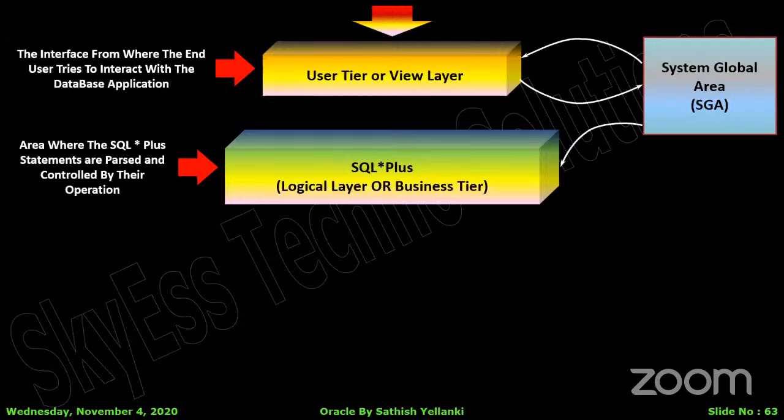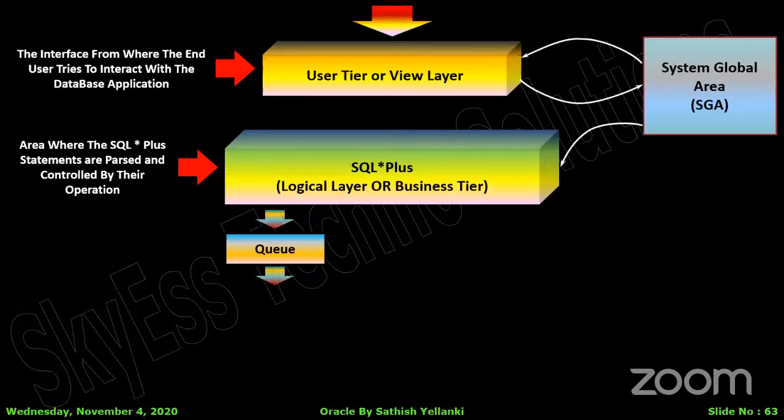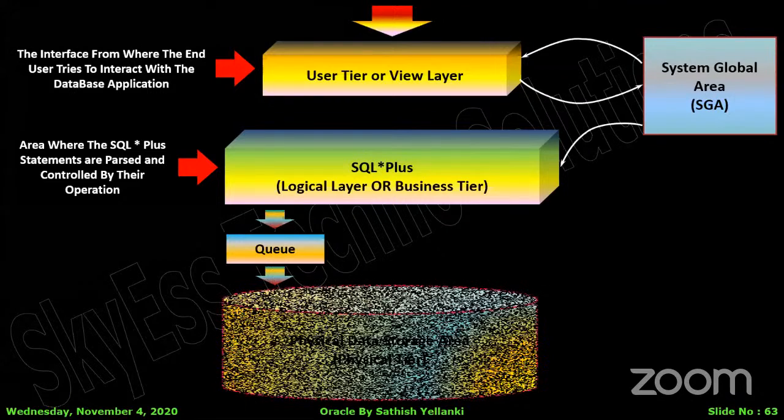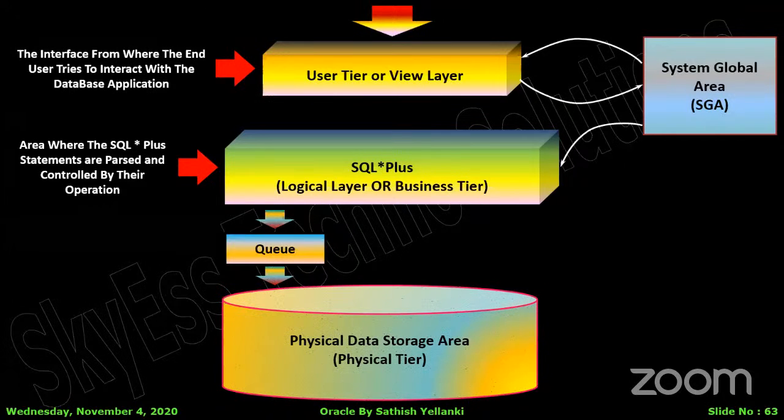So Oracle will be maintaining its own internal queue management services, through which it will operate the queue as per the requests that are coming in, and these queues are moved by priority. This queue will communicate with the corresponding physical tier where your requested data is stored and managed.